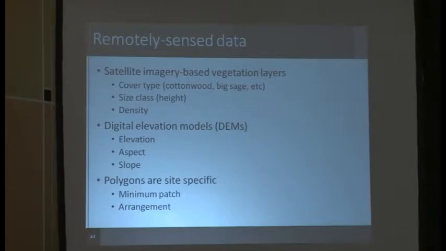Usually we combine those with digital elevation models that give us elevation, aspect, and slope, which may be useful predictors for some species. The cool thing about remotely sensed data is that these are site-specific polygons that are explicit, so you can also look at things like minimum patch size or arrangement. In other words, is it blocky or is it linear? What's the position on the slope? Those kinds of things.